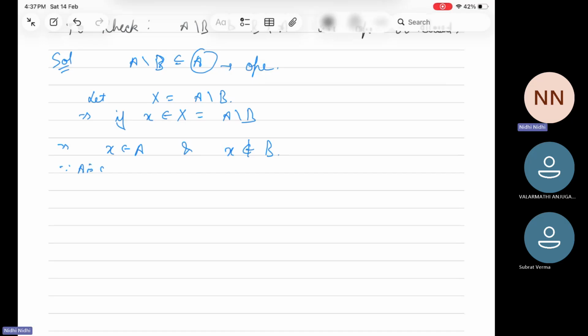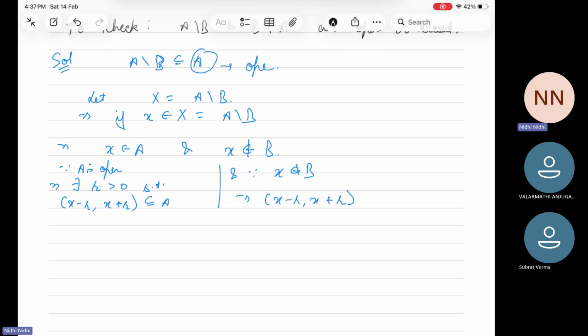Since A is open, there exists some r positive such that the interval x minus r to x plus r is completely contained in A. And since x is not contained in B, this interval x minus r to x plus r can never be contained in B. Obviously, because x belongs to this interval, a point in this interval is not lying in B, so eventually this interval is not a subset of B. Now this tells us that the interval x minus r to x plus r is contained in A minus B.